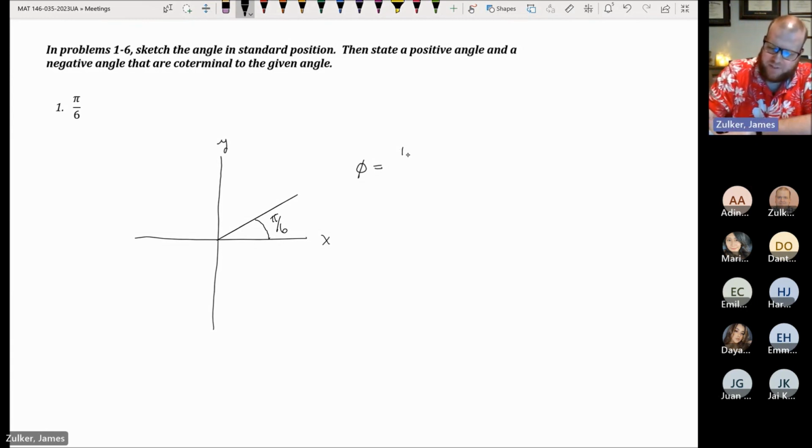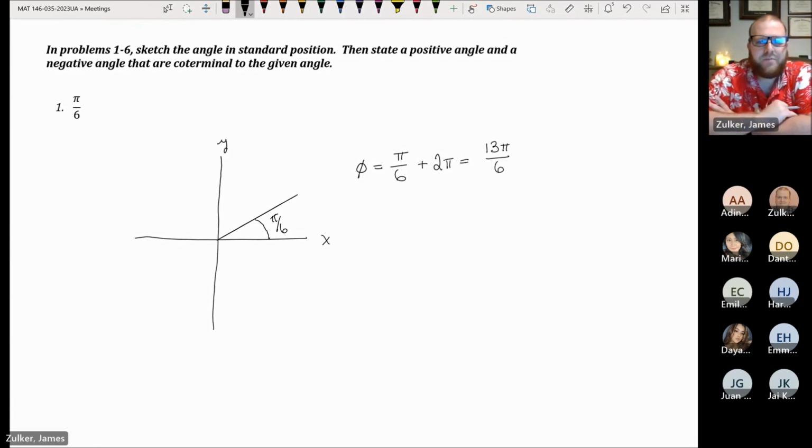So if we take pi over 6 and add 2 pi, that'd be what? 13 pi over 6? So there's a coterminal. Not the only coterminal.